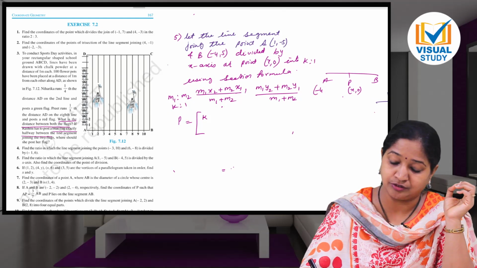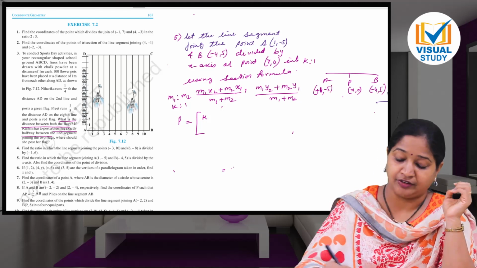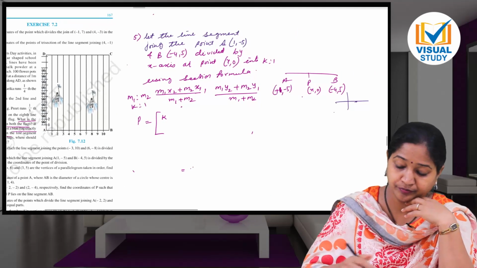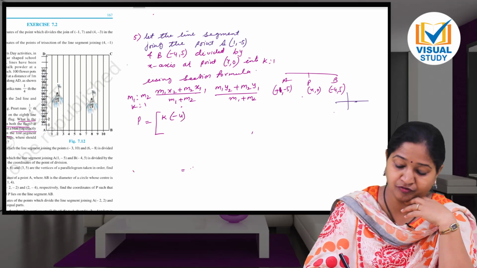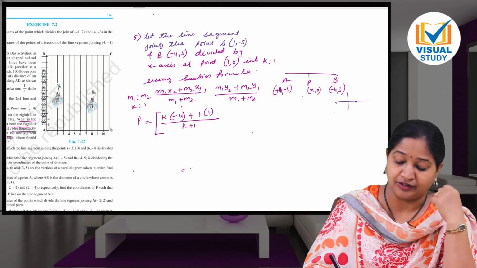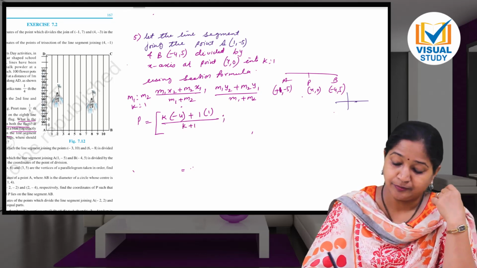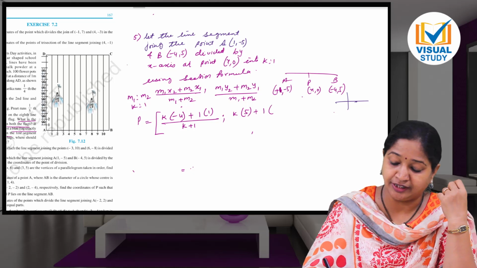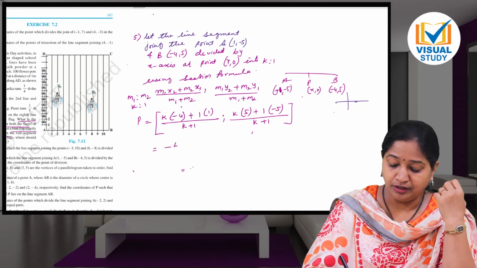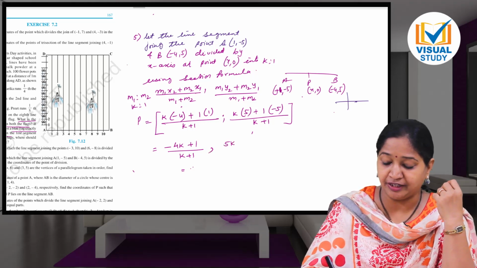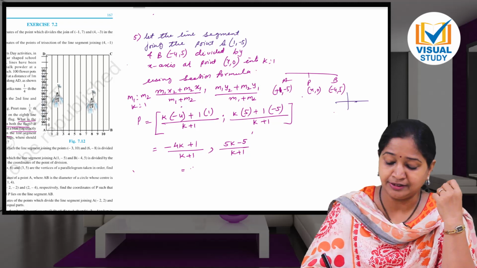So a is 1 and b is -4 and 5. So k into -4 plus 1 into 1 divided by k plus 1, and m1 is k, y2 is 5 plus m2 is 1 and y1 is -1, again k plus 1, so -4k plus 1 upon k plus 1, and this will become 5k minus 5 upon k plus 1.